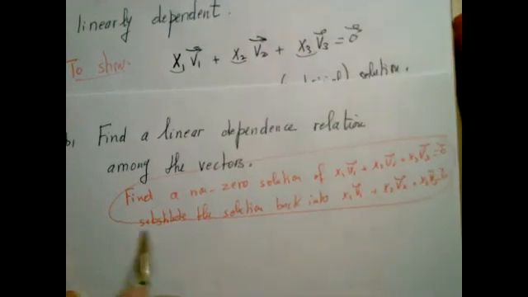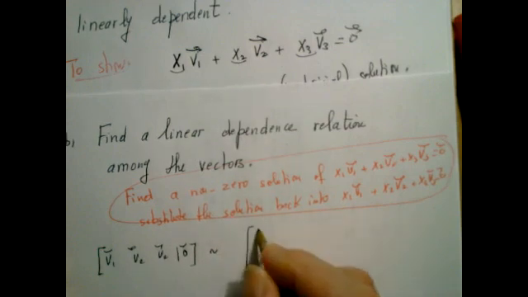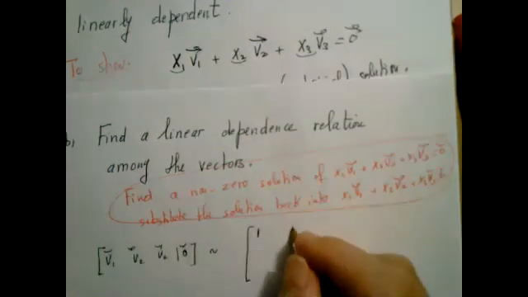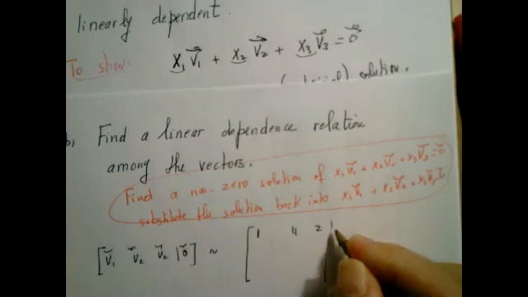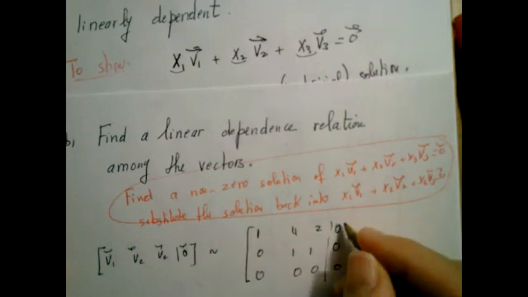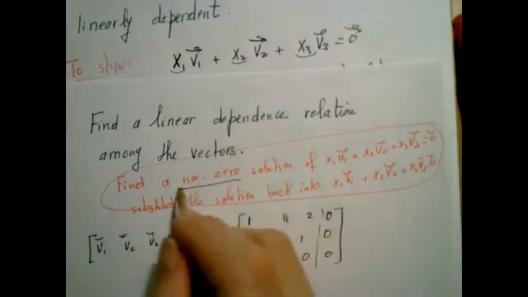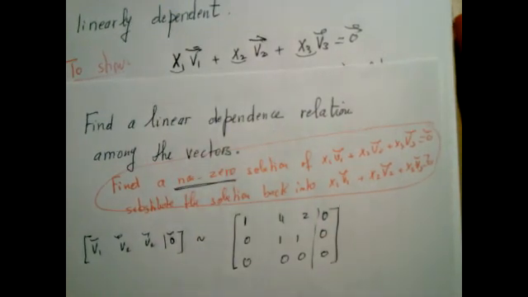Based on what I did previously, when I tried to solve that, I ended up with the following matrix: 1, 4, 2, a bunch of zeros; 0, 1, 1, a bunch of zeros; 0, 0, 0, 0. Now I need to find, not all of them, but one non-zero solution.